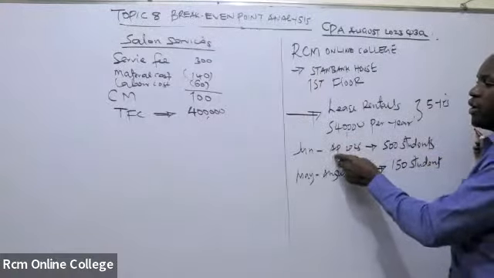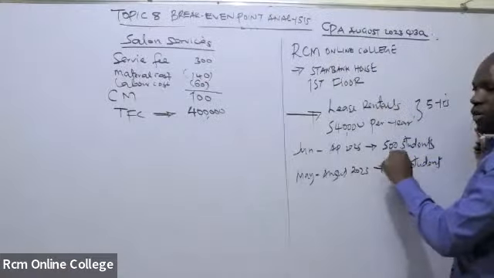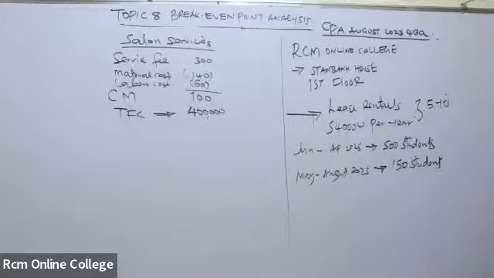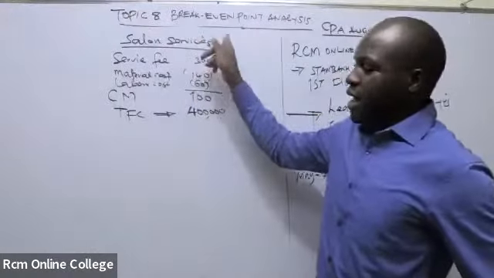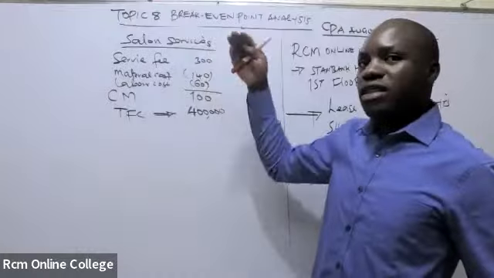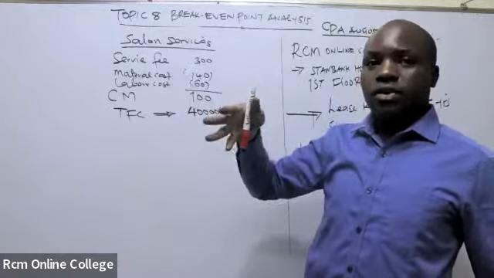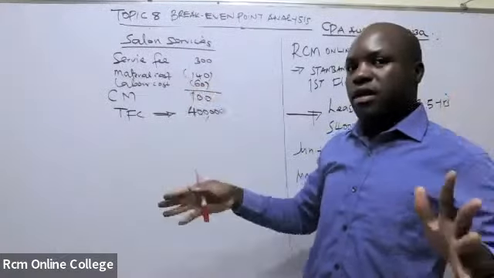Do you think reduction in number of students will affect the lease rental agreements? It will not affect. So maybe the salon services here requires a space, and that space was actually paid for under the lease agreement.